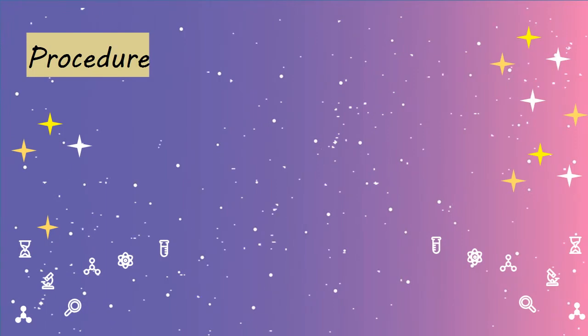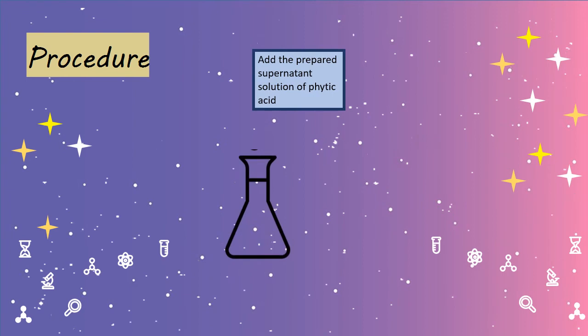The initial steps for the determination of phytic acid in cereals are the same as those which we discussed for phytic acid in juices and milks. It includes the same preparation of a solution of phytic acid which we heated in a water bath and then centrifuged. So take a small amount of that prepared supernatant solution of phytic acid in a flask. To that flask add glycine, which is to maintain the pH from 2.5 to 3.